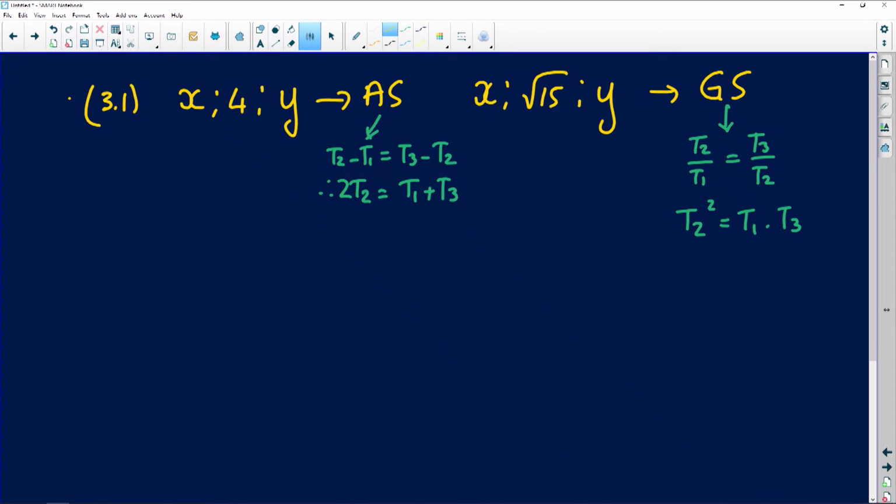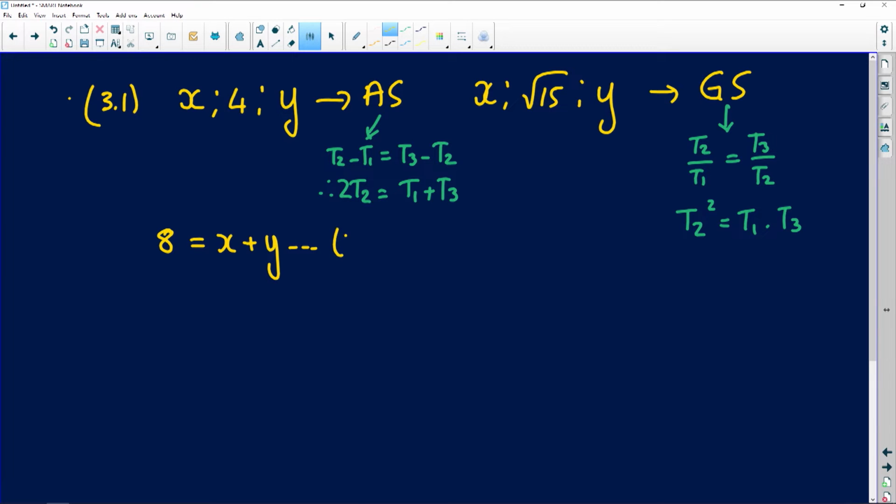And we're going to use the figures that we have in these two sequences, plug them in there, and find x and y. Let's continue. Twice term 2 is 8. That is equal to term 1 plus term 3. Sorry, term 1 is x and term 3 is y.